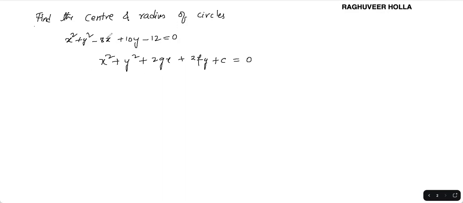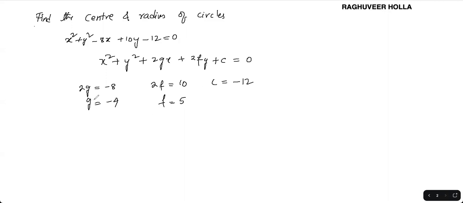Here, if you compare, 2g is minus 8, 2f is 10, and the constant c is minus 12, right? So g will be minus 4, and f will be 5.